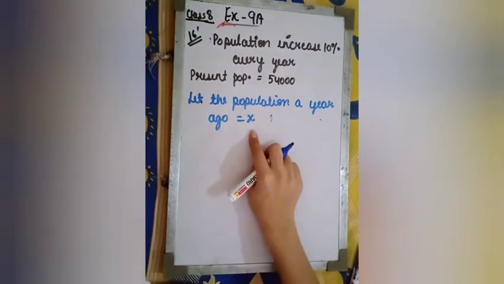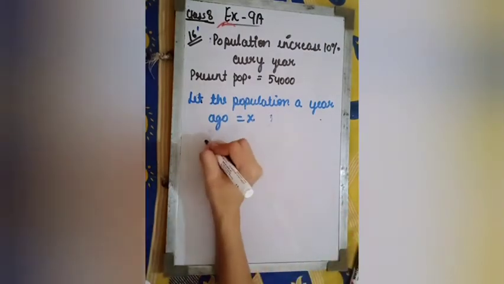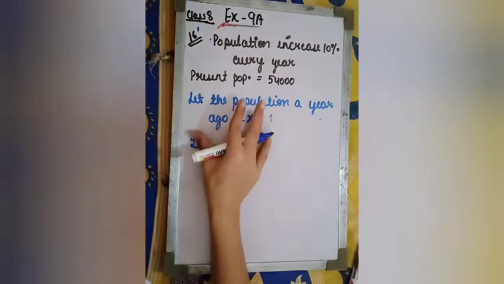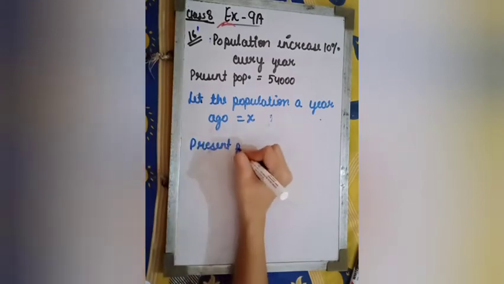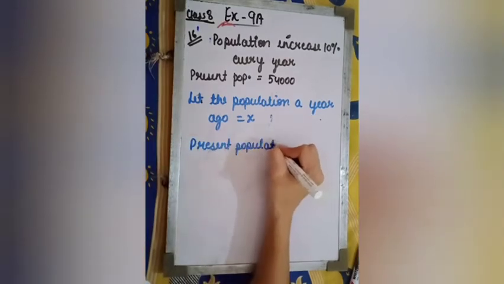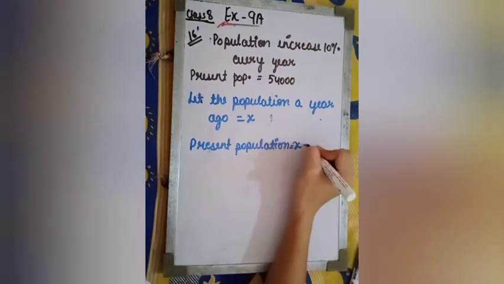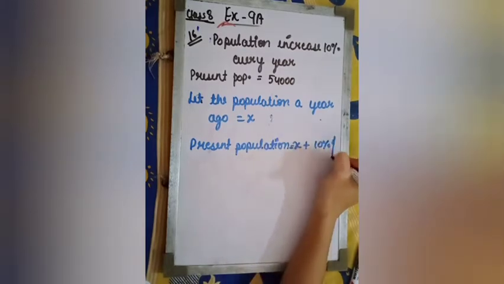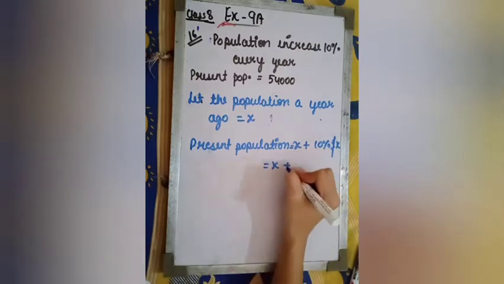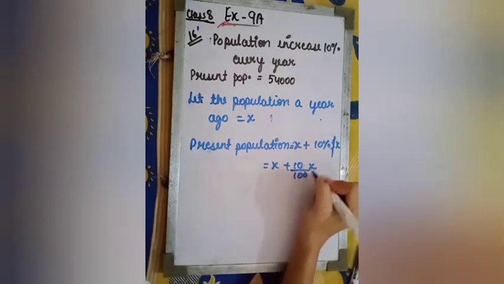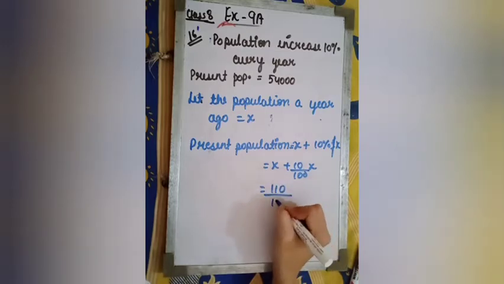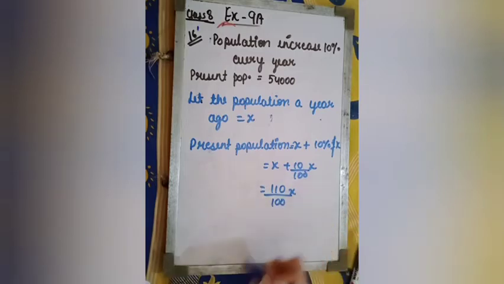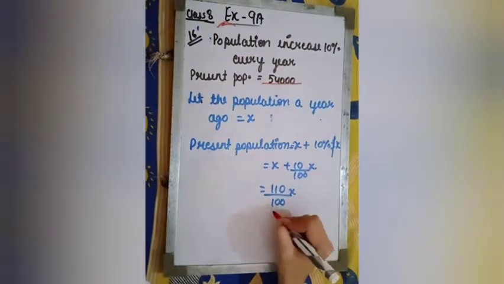Okay, so this year it is increased. This year means present time में उसकी कितनी बढ़ेगी, 10%. So present population will be x plus the increase, 10% of x. Now it will be x plus 10% of x. Now the present population is already given.